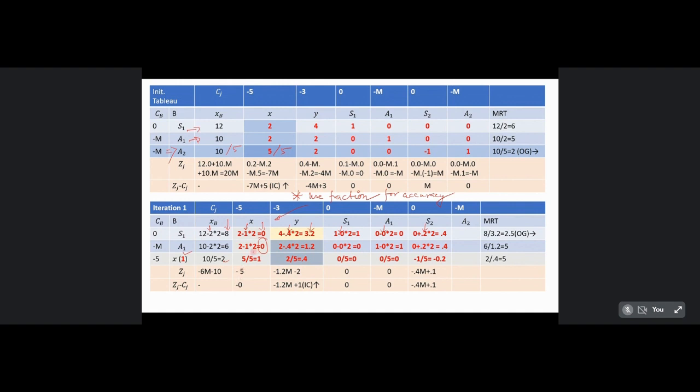So that multiplier is 2 because this was 2, this is 1. So if you multiply this into 2 and then subtract from this, you get 0. So do that for all the terms.